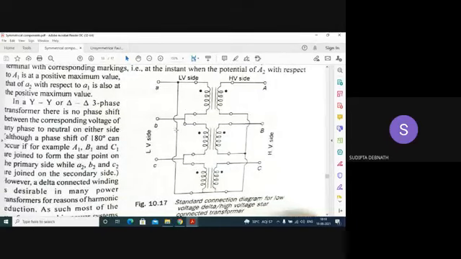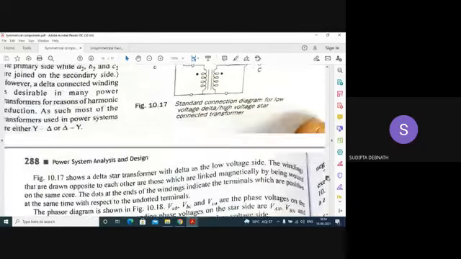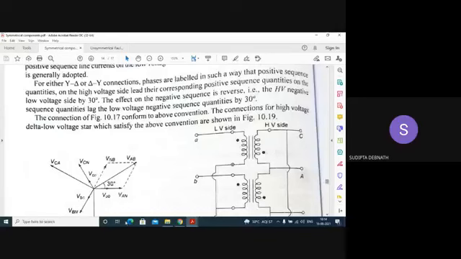We have found that the star side is leading by 30 degrees. When the current is flowing from the delta side to the star side, then the star side parameter, that means the secondary, is leading the delta side by 30 degrees. And it will be vice versa.